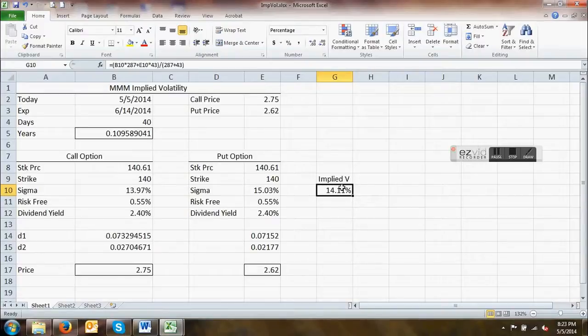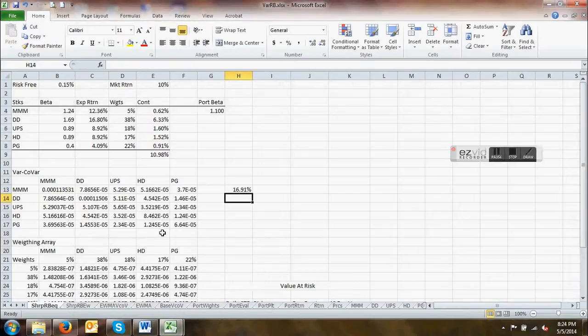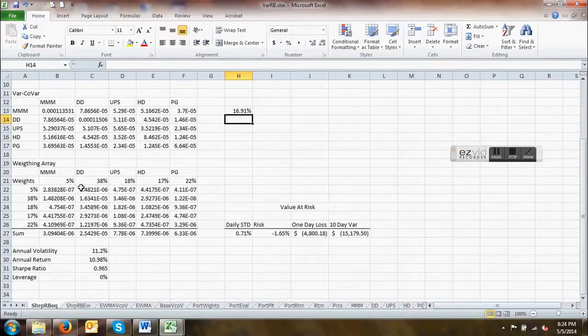That becomes our implied volatility, and then what we're going to actually do is come back and plug that on the diagonal, holding the covariance matrix the same, and then that's going to adjust our weighting matrix, and it's going to adjust our daily standard deviation, which we're then going to use to re-estimate our value at risk.